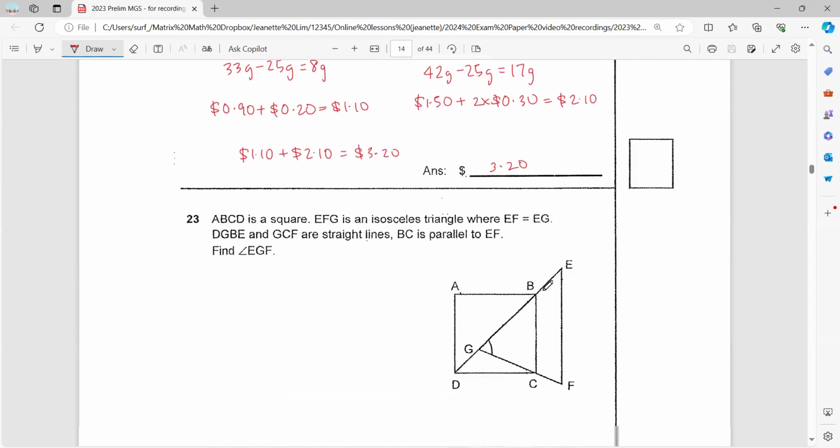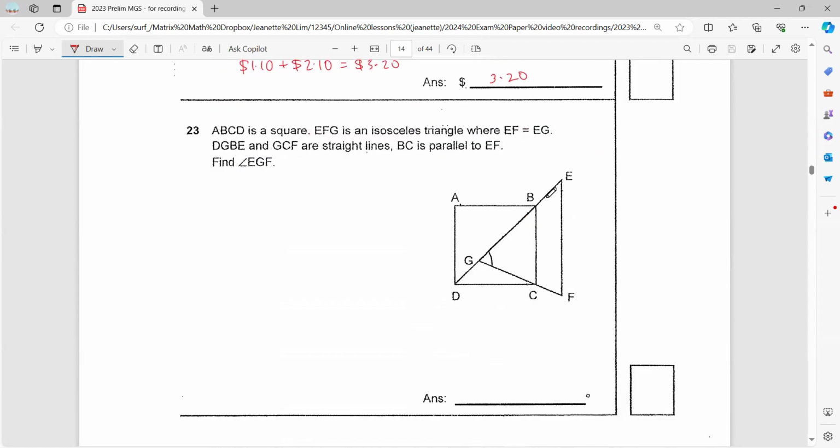Okay, question 23. ABCD is a square. EFG is an isosceles triangle where EF equals EG. Okay, EF, EG. Then we have straight lines. BC is parallel to EF. BC, EF, okay.